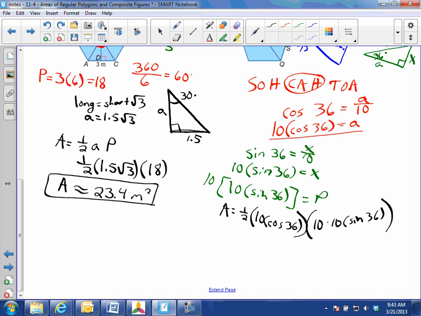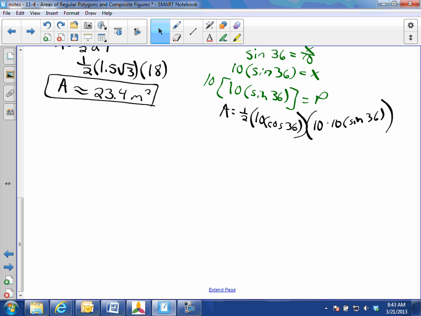So now if you wanted to, you can have all those decimal places in there. I got 475.5. It's not what I have written on my paper, but you can be totally fine.